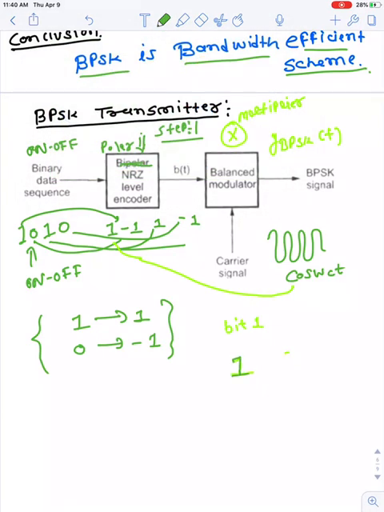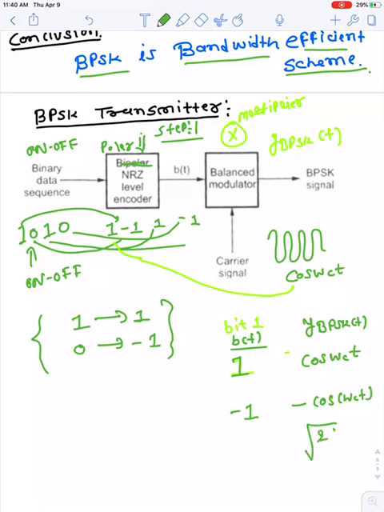The input of the balanced modulator is b of t. If b of t is 1, then your output of BPSK would be cos omega ct. And if your bit is -1, then your output would be minus cos omega ct.